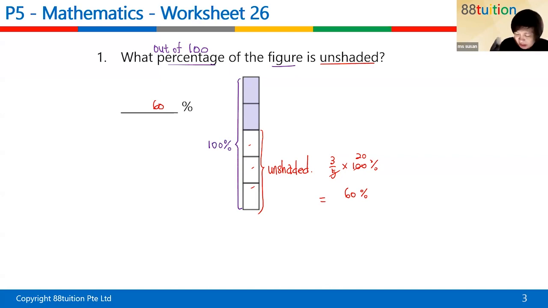So this is actually cut into how many parts? 5 parts. So if this is 100% and I cut it into 5 parts, this is actually 20%, 40%, 60%. So there are many ways that you can count on this. So unshaded can be 60% if you cut it into equal parts.